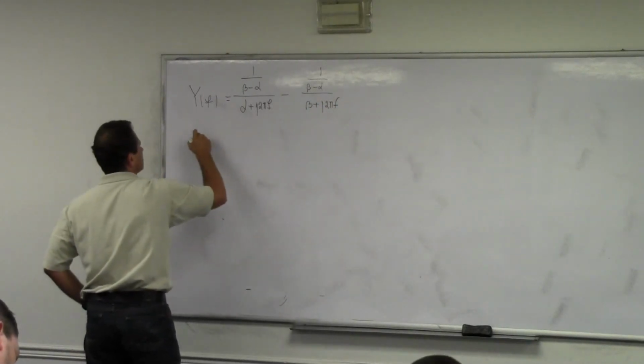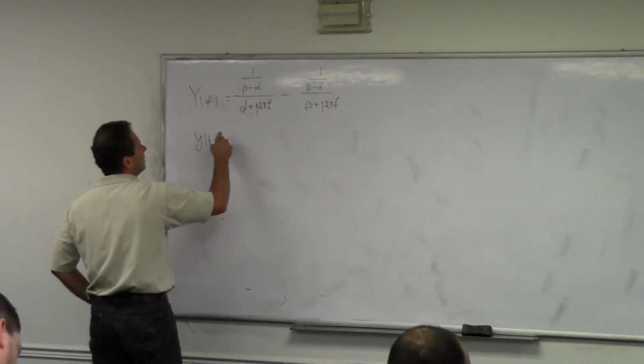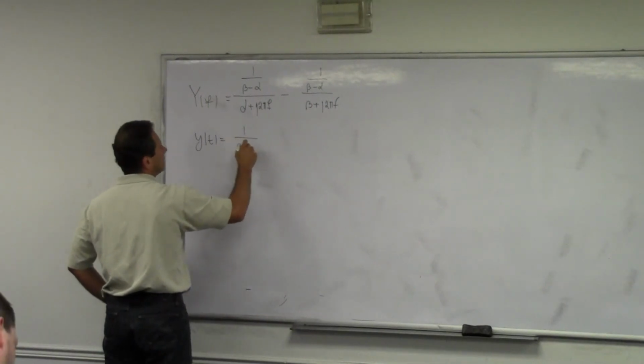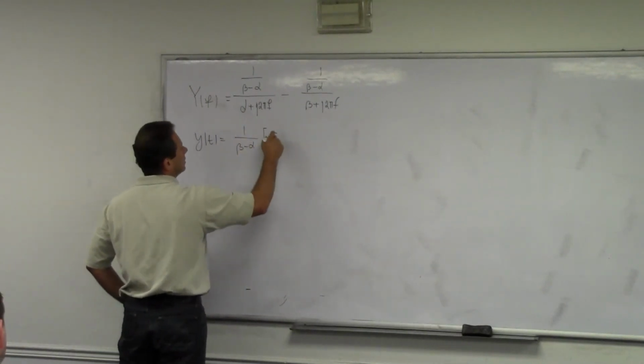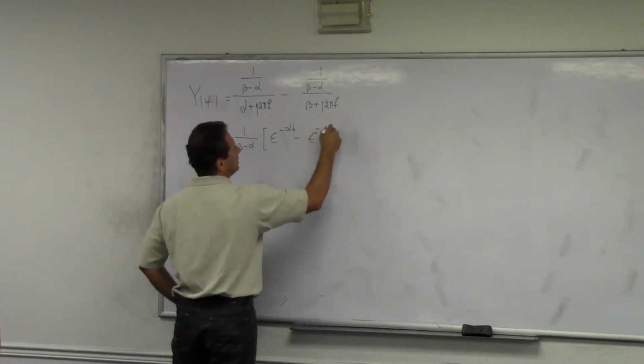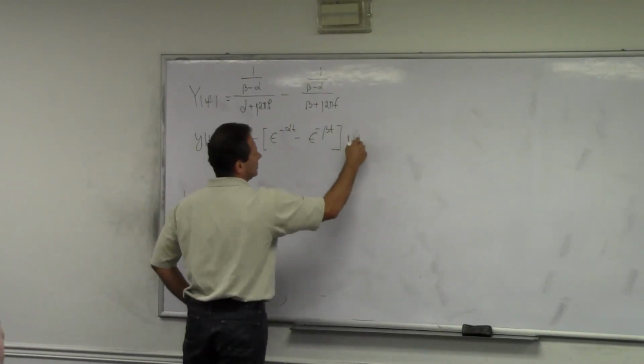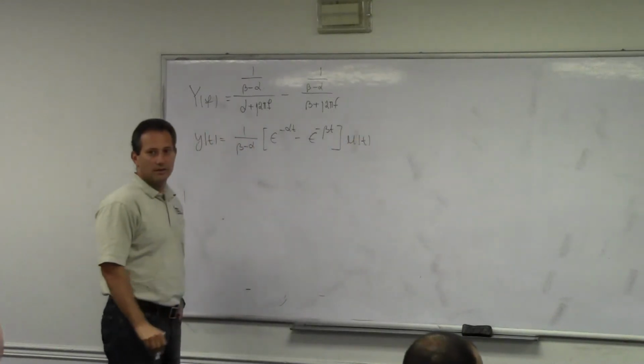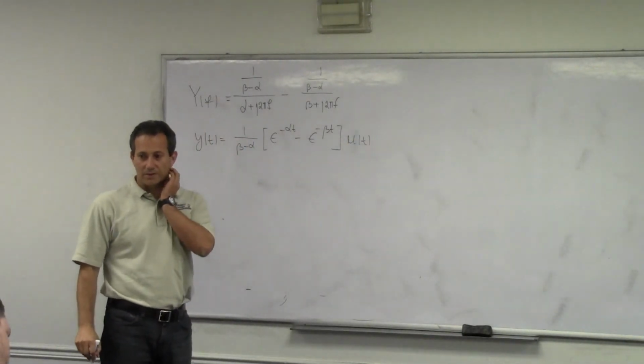If I take the inverse Fourier transform, y of t is going to be 1 over beta minus alpha times e to the minus alpha t minus e to the minus beta t. So that's the output of the system.